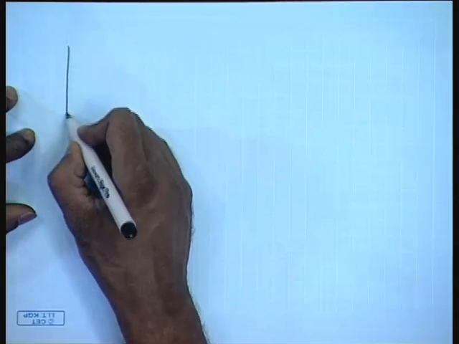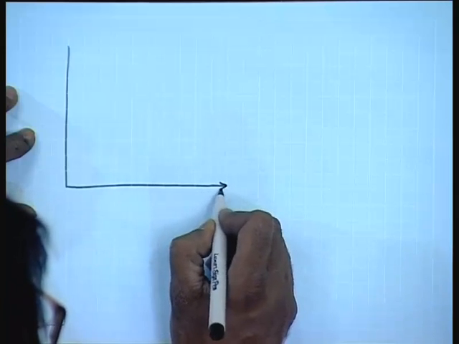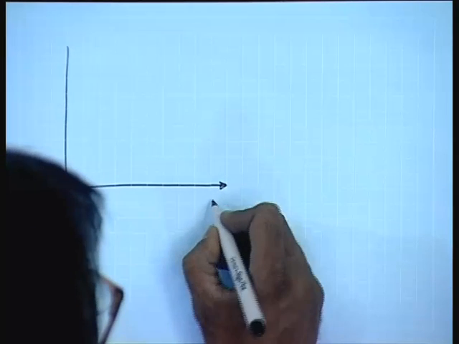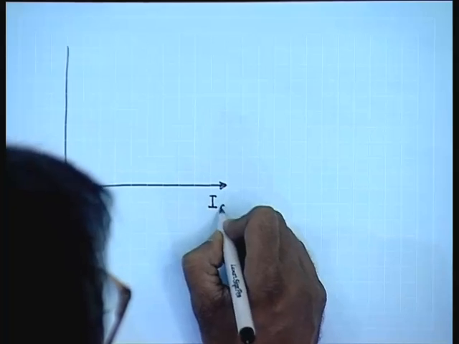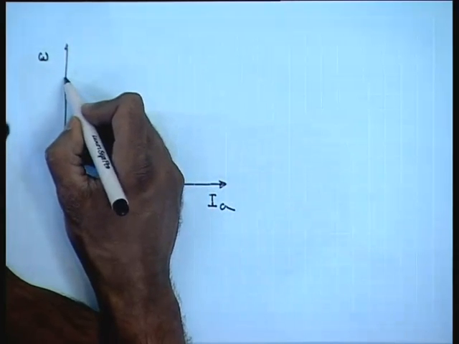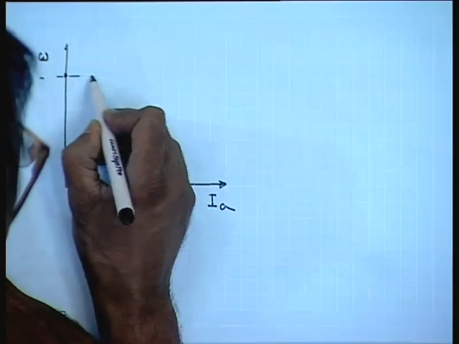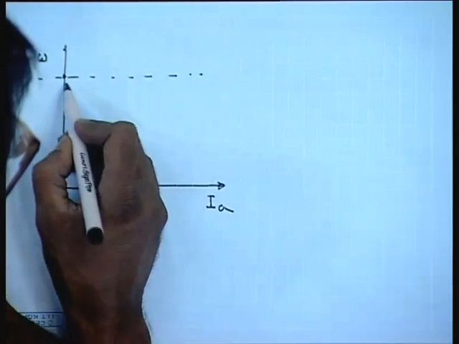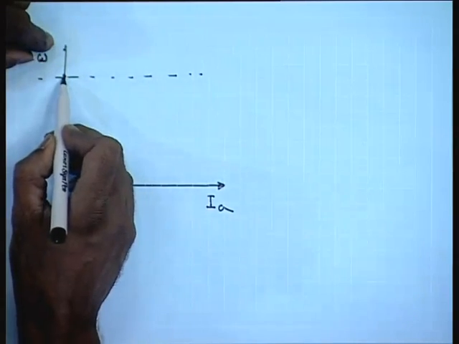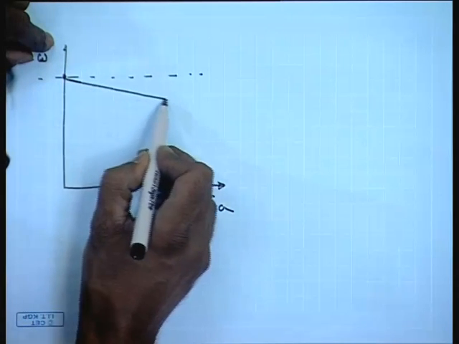Suppose I draw the current Ia versus speed, at no load current is 0. If we neglect armature resistance, then armature reaction, as the speed decreases the current increases linearly.